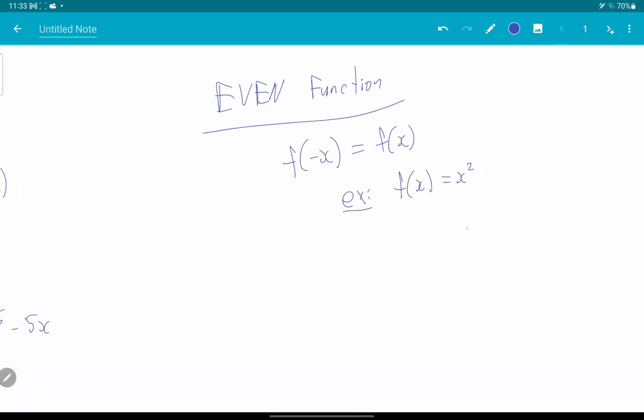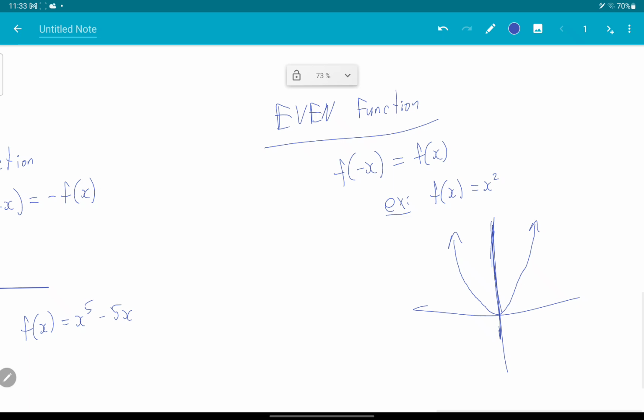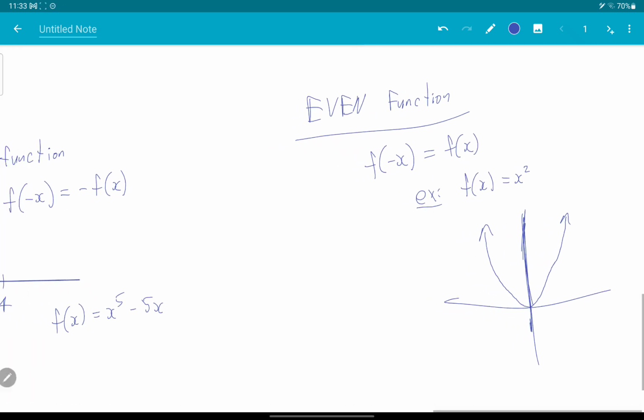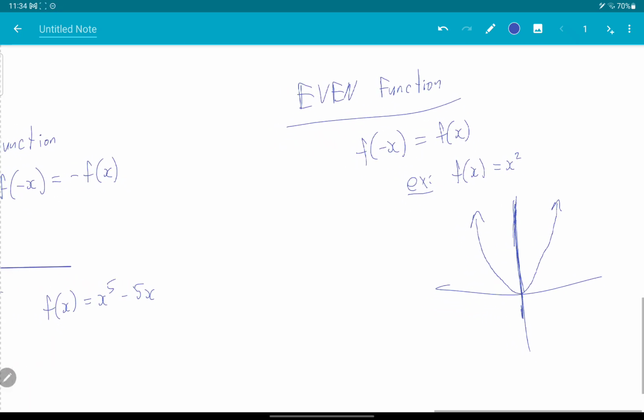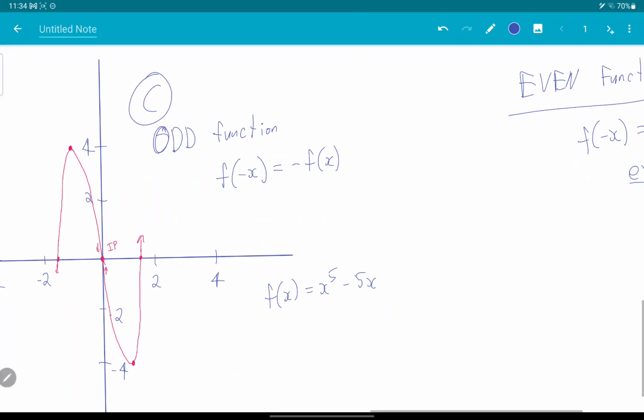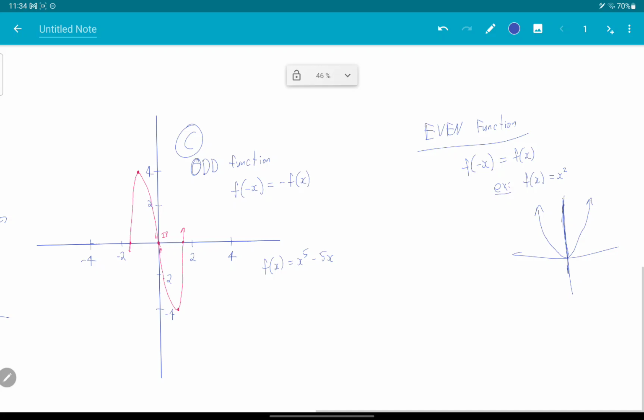Now this one truly exhibits symmetry, you know what I mean. If you take this arm reflected in the y-axis, you get this arm. So it's called an even function. Okay, so there you have it, even functions and odd functions. This can sometimes save you some time, but is not, strictly speaking, required.